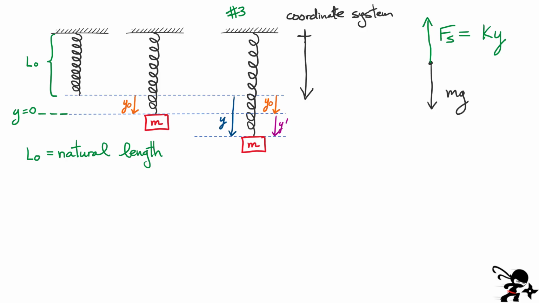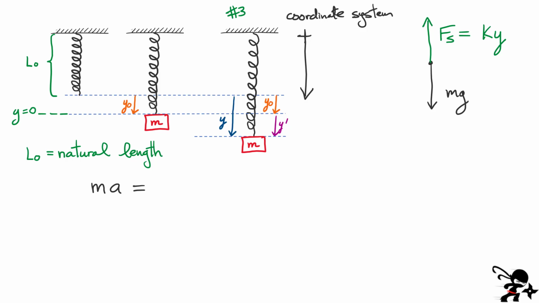So let's write down Newton's second law when we're in this lowest position right here. Okay, so Newton's second law says you add up all the forces. Now for me to do that, I'm going to use this coordinate system. I'm going to define everything going down as being positive, everything going up as being negative. Okay, so Newton's second law says the mass times the acceleration in that vertical direction has to be equal to the net force.